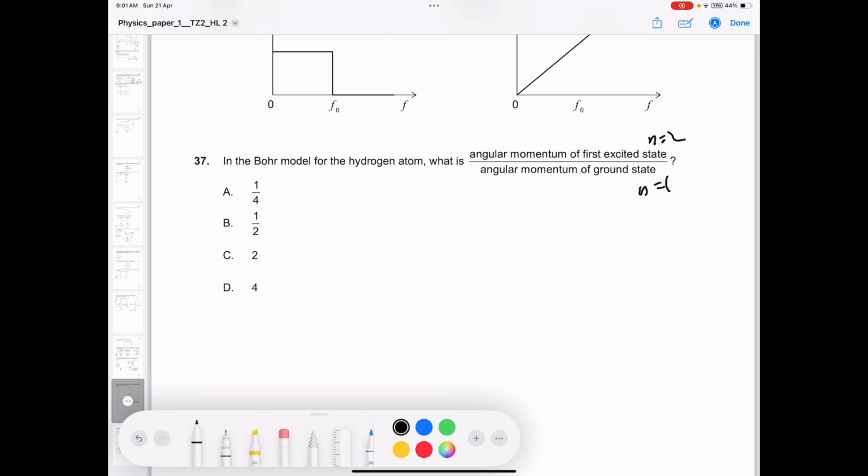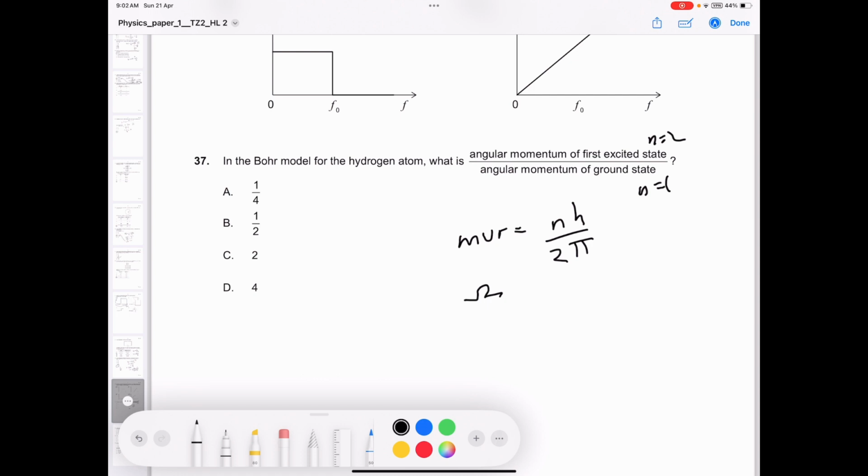So if you look in your data booklet, you will see that mvr, the angular momentum, is equal to nh all over 2 pi. So we'll give the angular momentum this symbol omega.